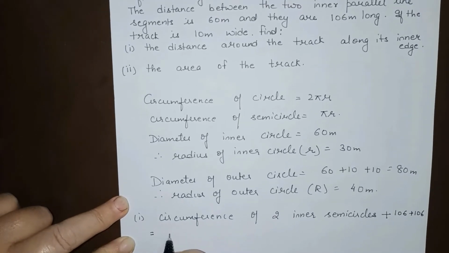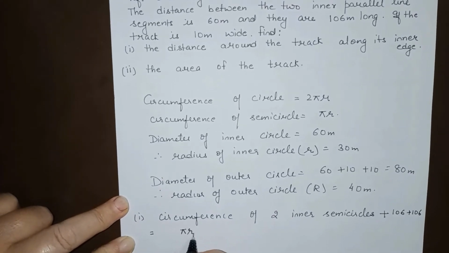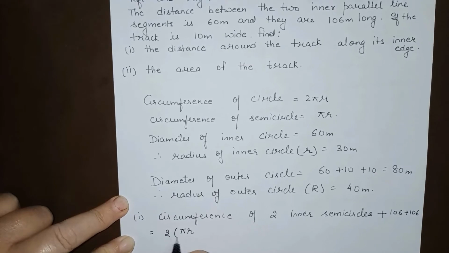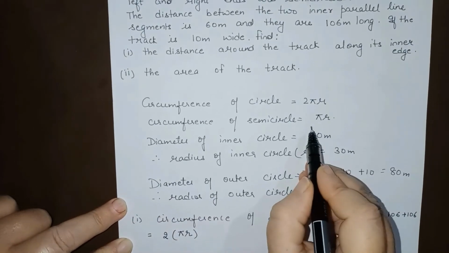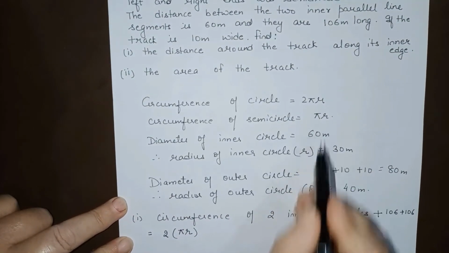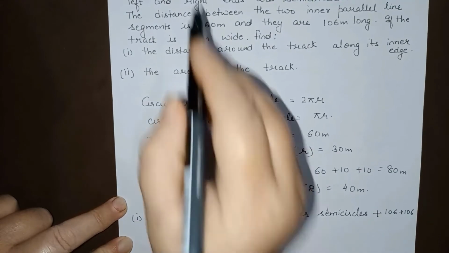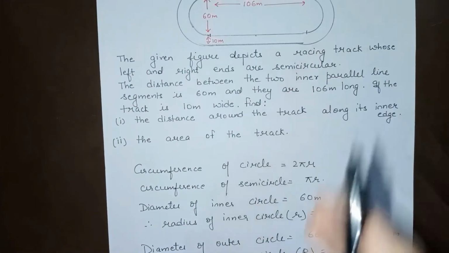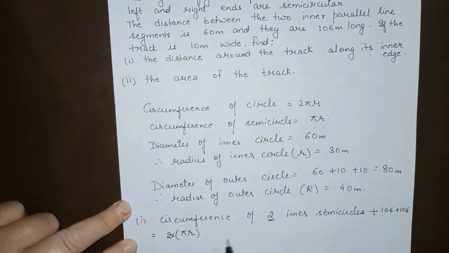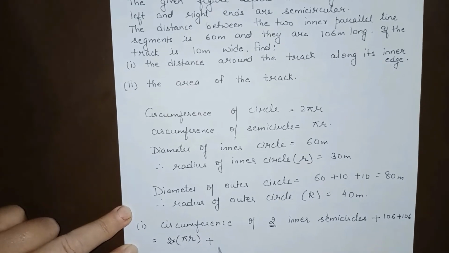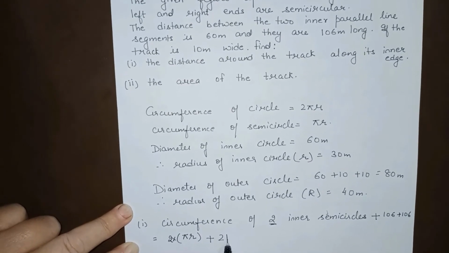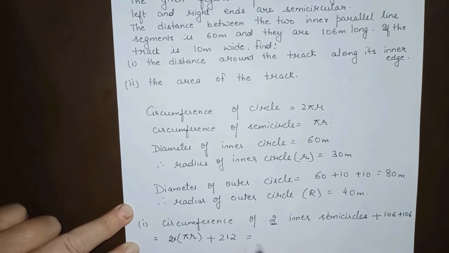Now circumference of semicircle is pi r. There are two inner semicircles, this and this. So 2 multiplied by pi r plus 106 plus 106, it will be 212.